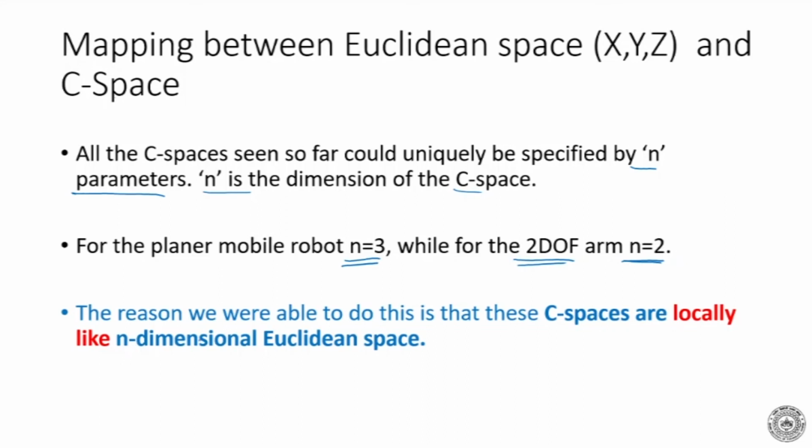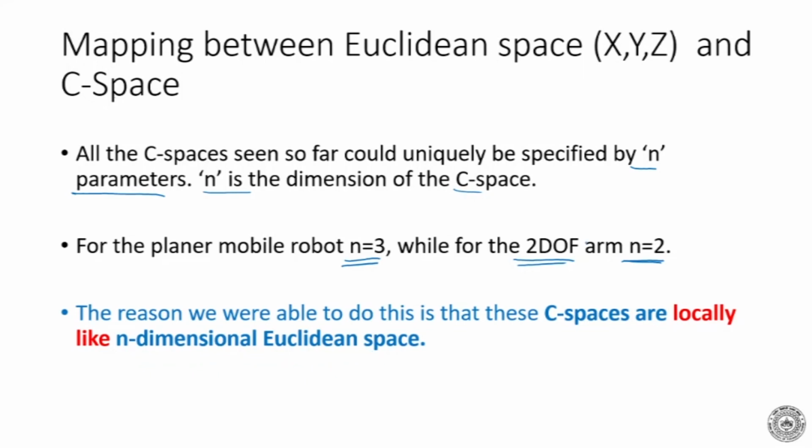The reason we are able to map is that these C spaces are locally like n-dimensional Euclidean spaces.